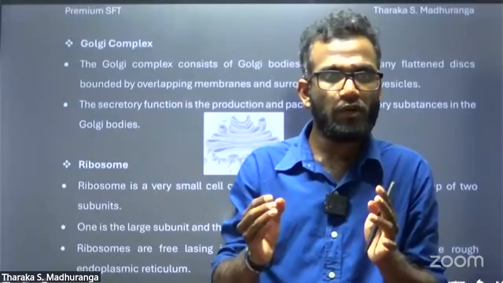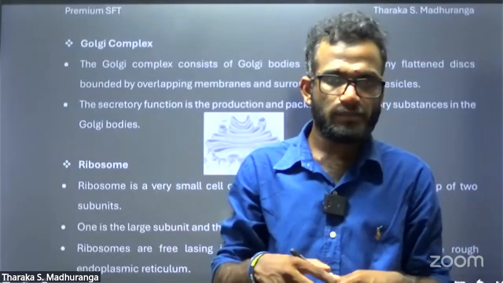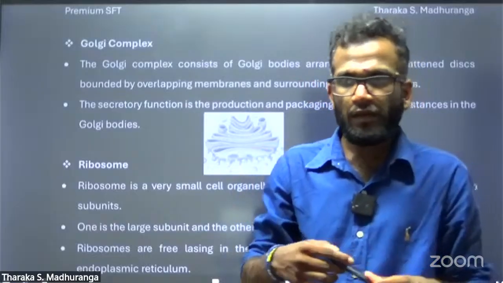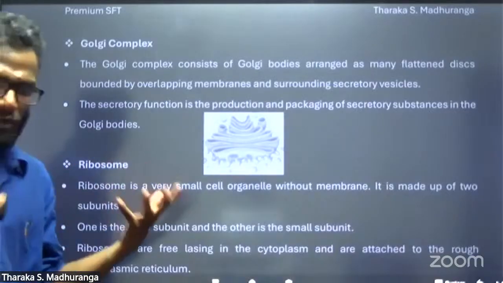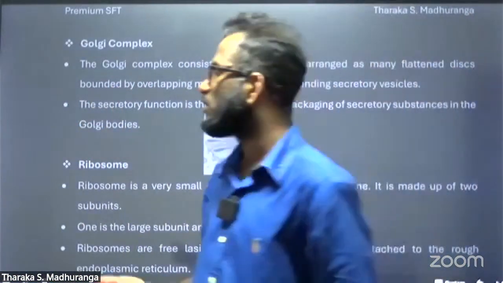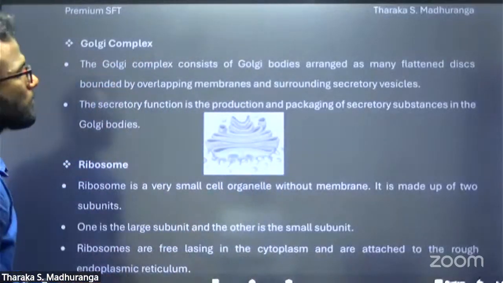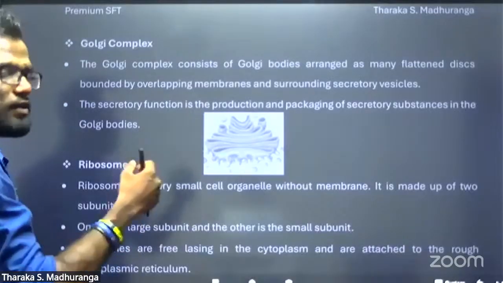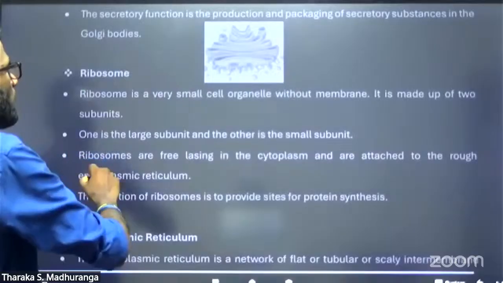This is important for keeping the cell pure and removing waste. They are broken down by Golgi bodies. Therefore the Golgi apparatus, or Golgi complex, is important for the breakdown process by secreting different enzymes. Okay, ribosomes.